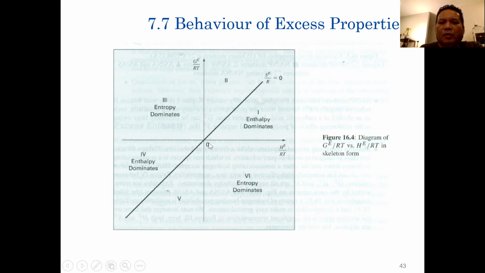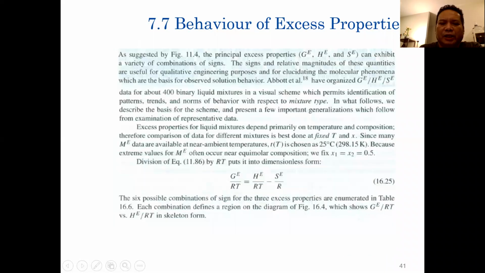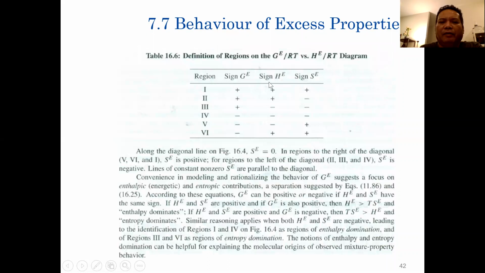Above is positive for enthalpy and below is negative, and for Gibbs energy, above is positive and below is negative. With this expression, we can determine the signs.